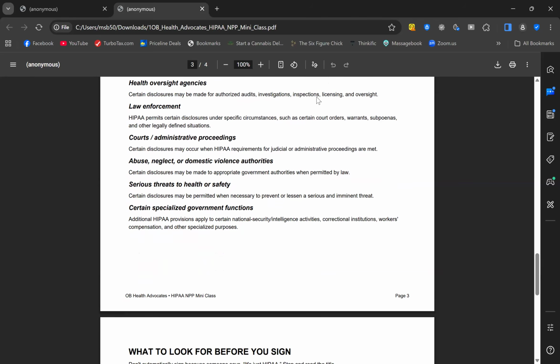Health oversight agencies. I don't know what just happened. Hold on, screen sharing just stopped. Let me see if I can share my screen again. Okay, let's see. Nope, that's not it. Hold on, everybody. I just lost my screen. Give me a minute. I gotta bring it back.